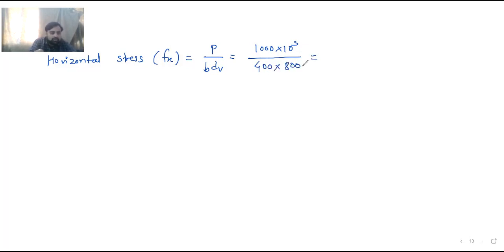So which is equal to, what is the answer? 3.125. Okay, it's 3.125 Newton per mm square. This is the horizontal stress.